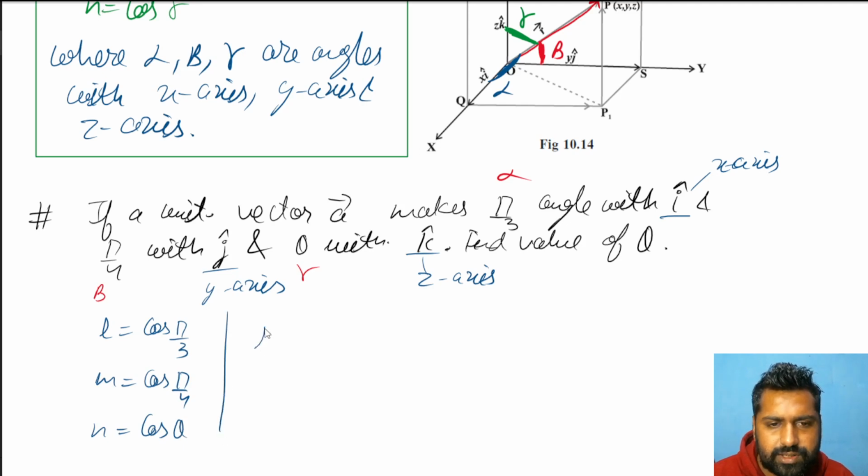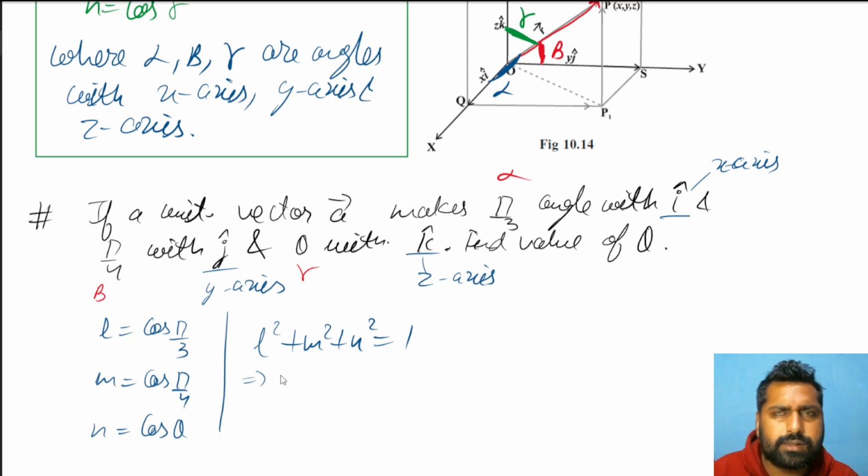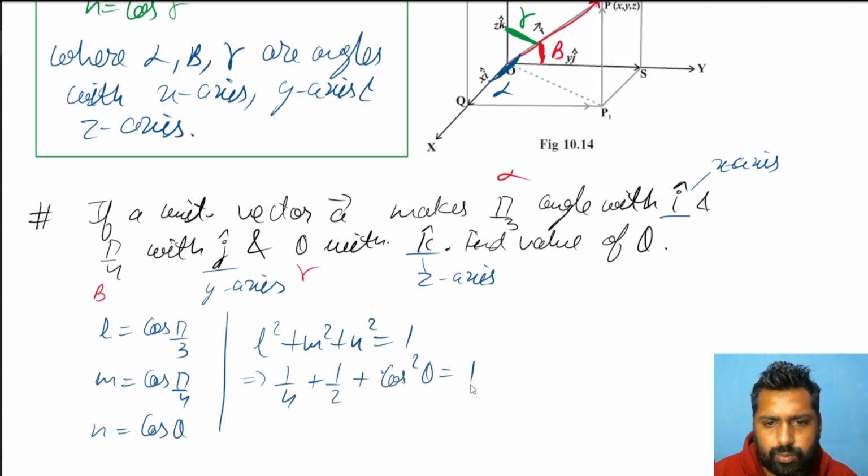And what is the other relation? I told you, don't try to learn cos square alpha plus cos square beta plus cos square gamma is 1. Do it like this: L square plus M square plus N square is 1. So put the values. Cos pi by 3 is cos 60, that's 1 by 2, so 1 by 4, plus cos pi by 4 is 1 by root 2, so 1 by 2, plus cos square theta is 1.